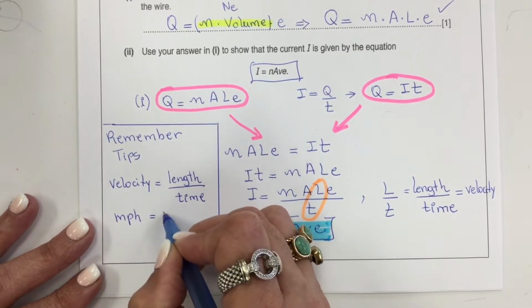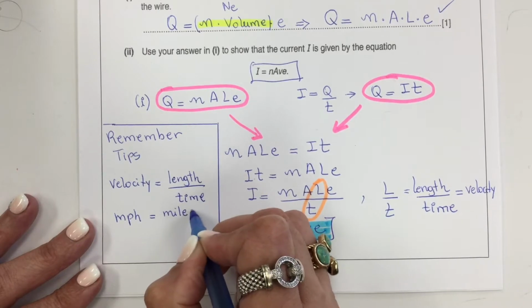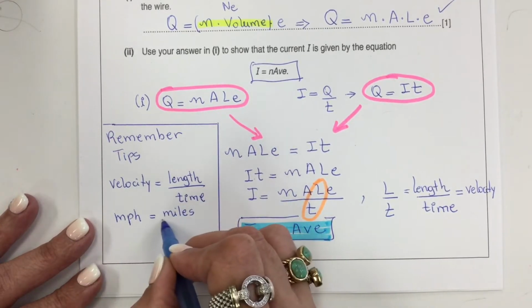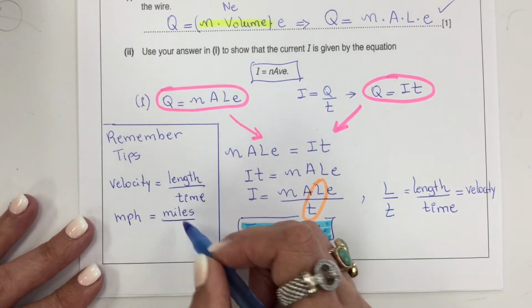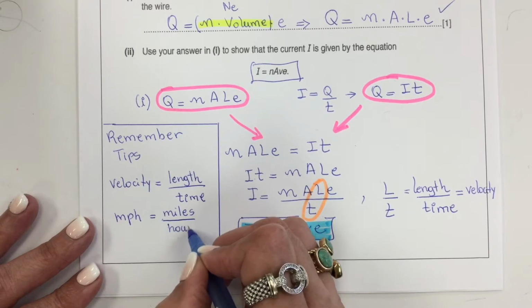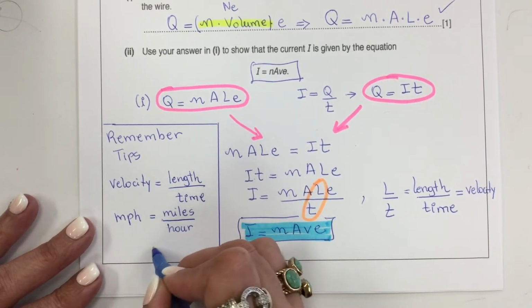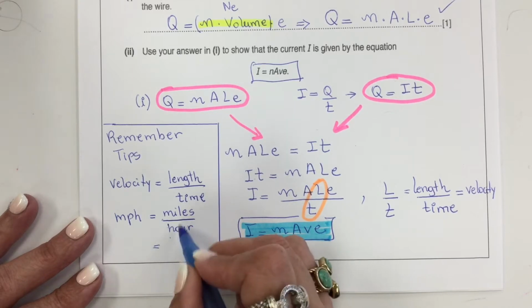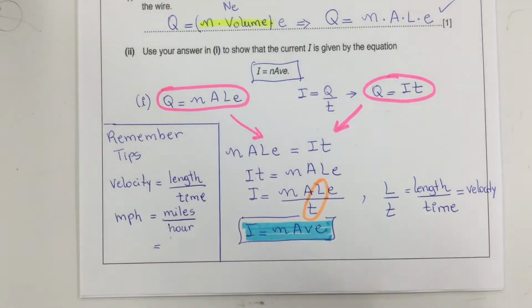Miles per hour can be written as miles, this per is a division, and this is hour. So here we have length over time. That's the way that you can remember.